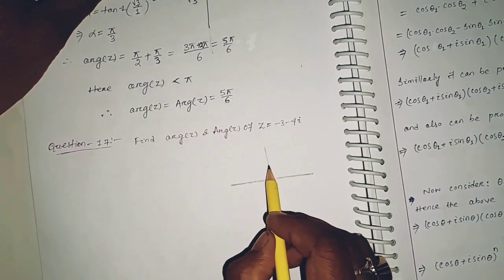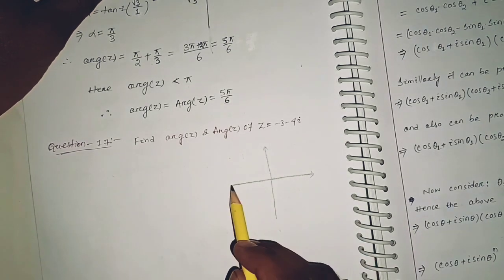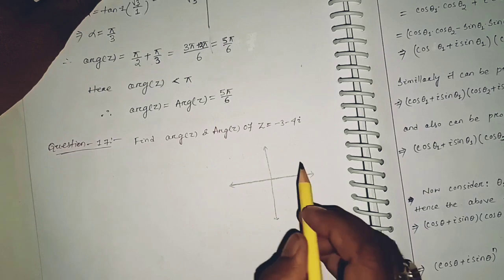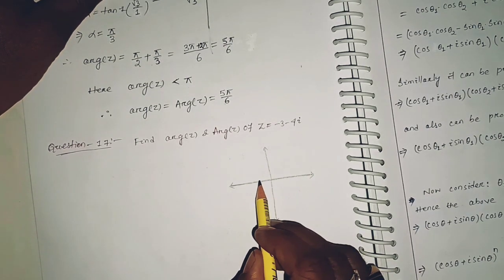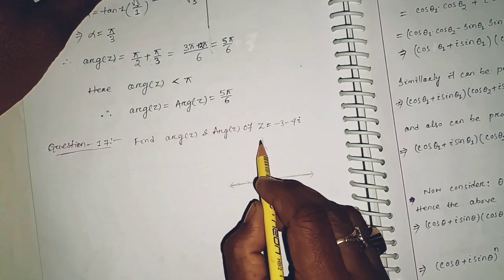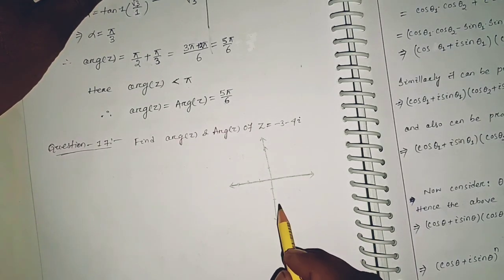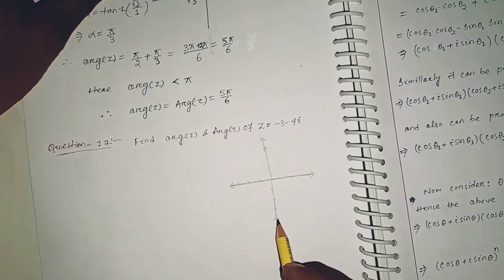minus 3 minus 4. So if we locate this complex number, suppose this is minus 3 and this side is 1 2 3 4. So here this is the point where the complex number will be located.